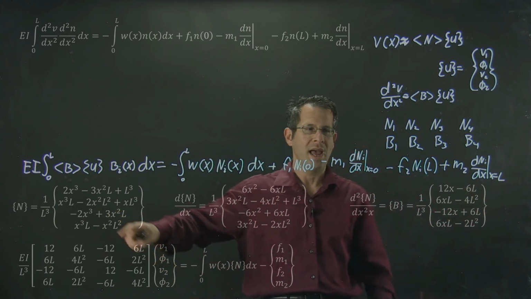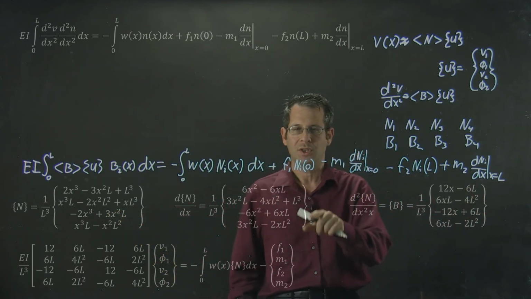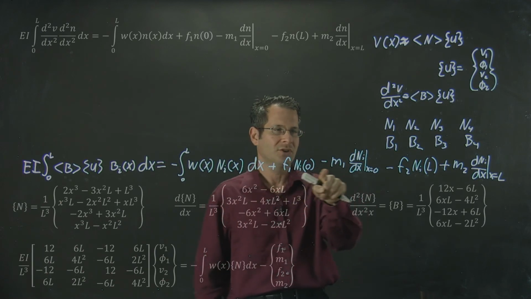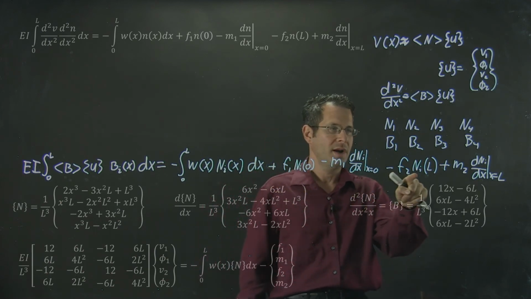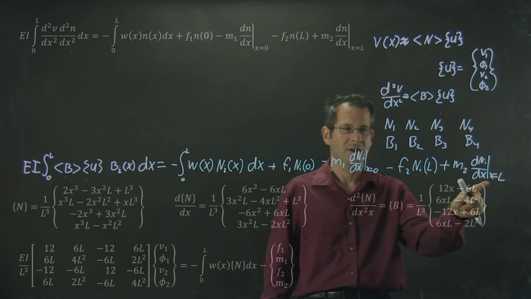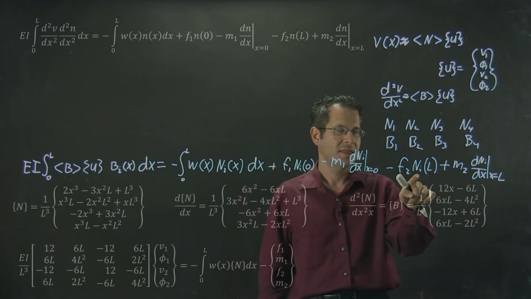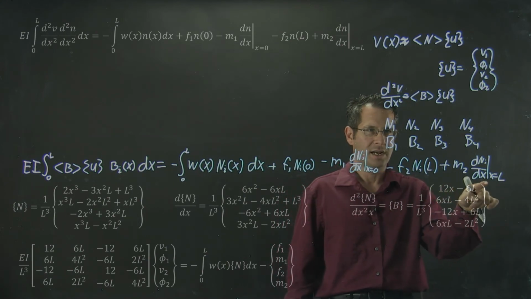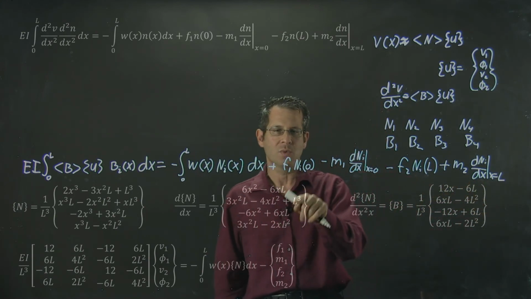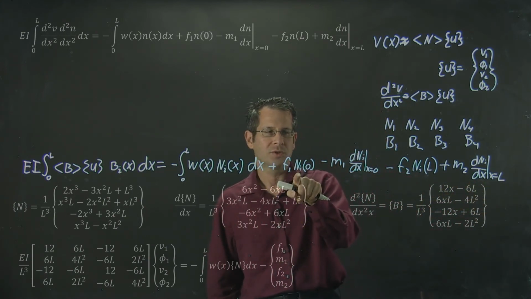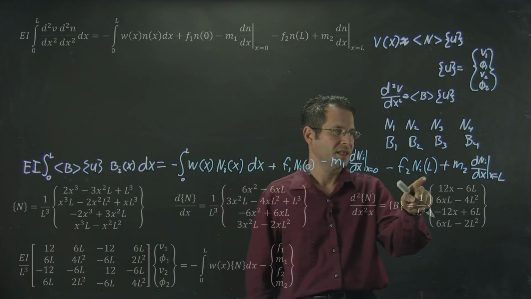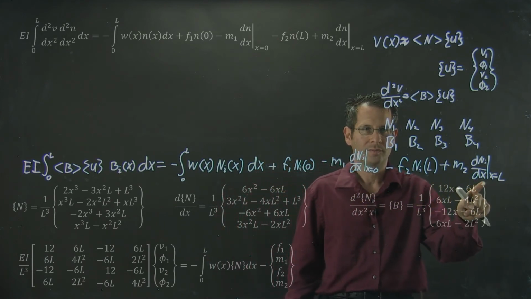When I go to N2, when i equals 2, this term will end up being 0. This term will end up being 1. This will be 0. This will be 0. When i equals 3, 0, 0. This will end up being 1. This will end up being 0. When i equals 4, this will be 0. This will be 0. This will be 0. This will be 1.